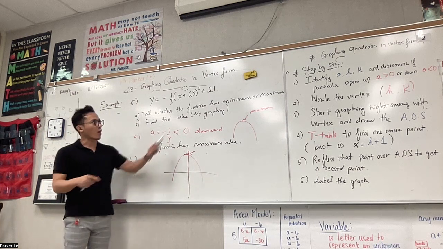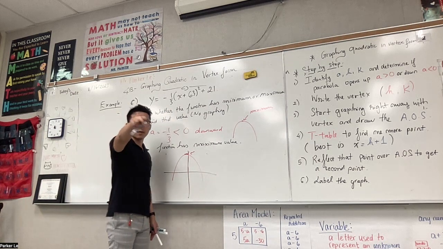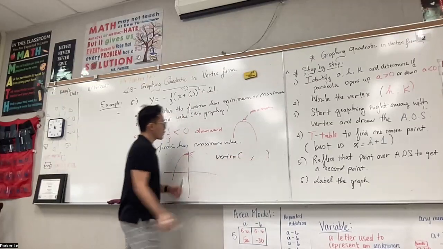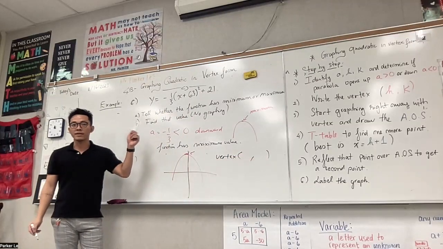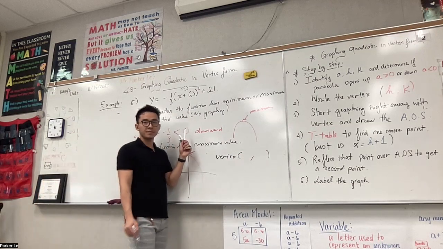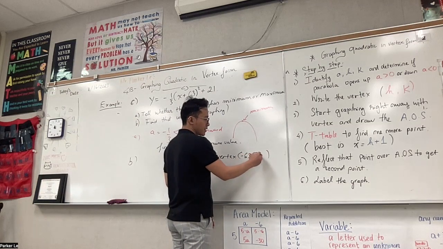So when they're asking you for the maximum or minimum value, they're asking about the y vertex. Okay. What is the y vertex of this? All right, another one. What is the vertex here? What is the vertex? All right, Jose, what's this? -63 and 1.